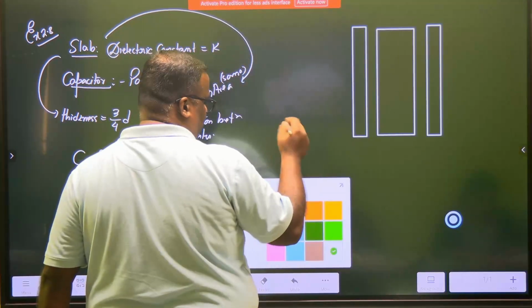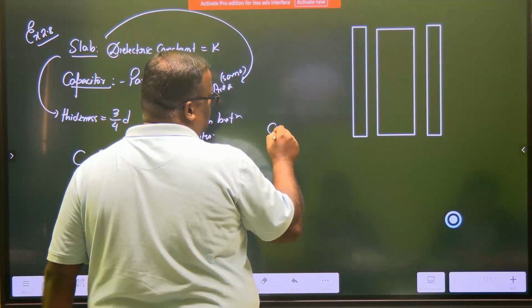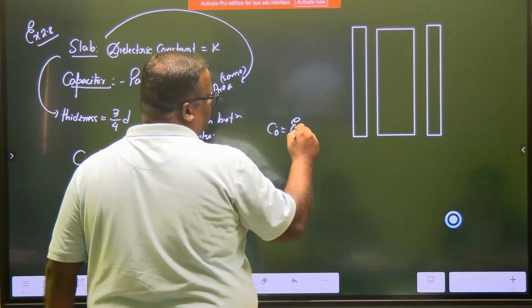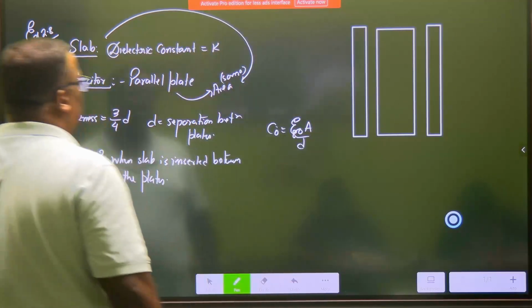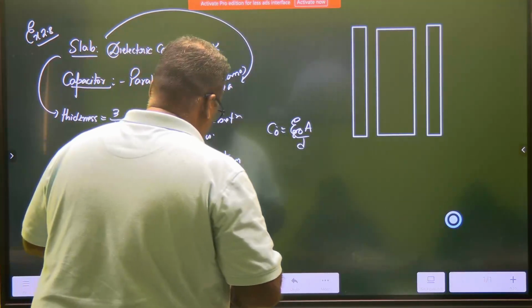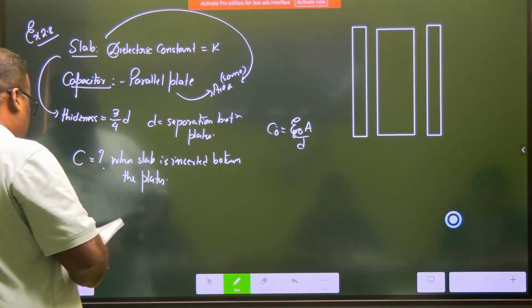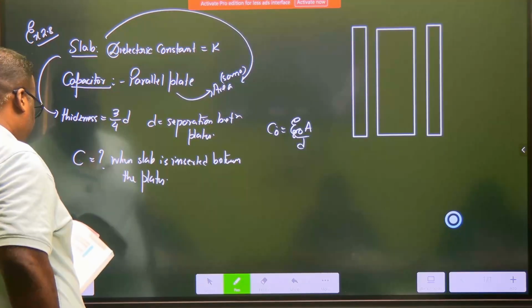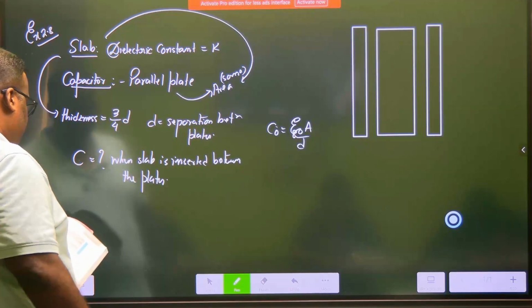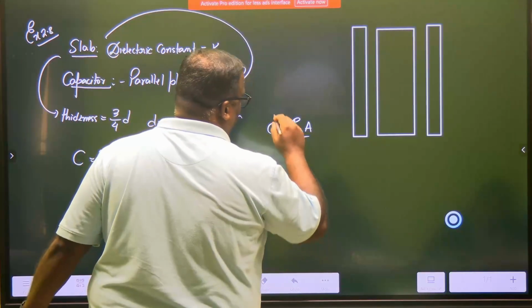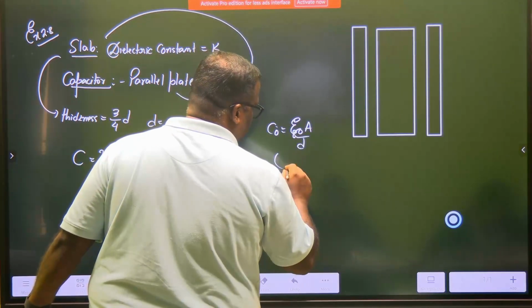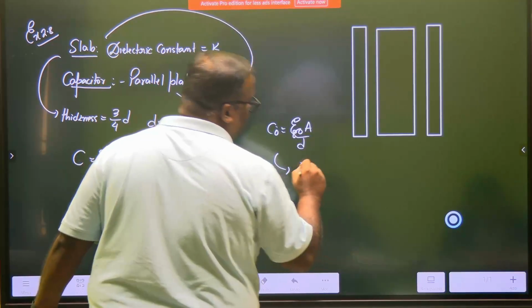So first we will calculate what is the capacitance of this capacitor. Let's first find out what is C0. So C0's value should be how much? Epsilon 0 A upon D. Right? The areas are the same. Now, when the condition is C0, the book is saying that the electric field is E0 between the plates.